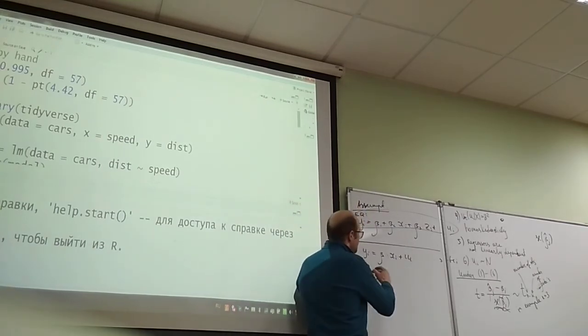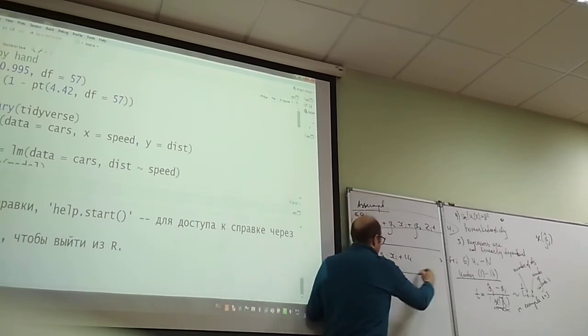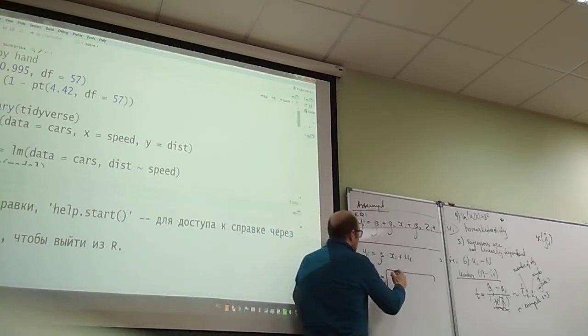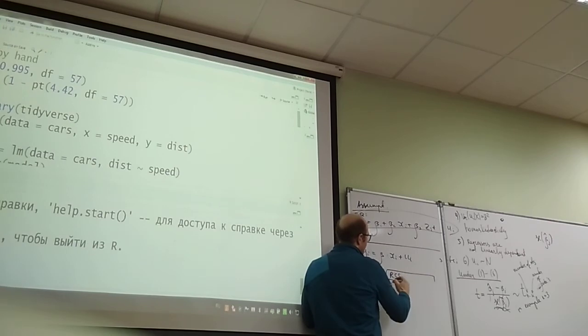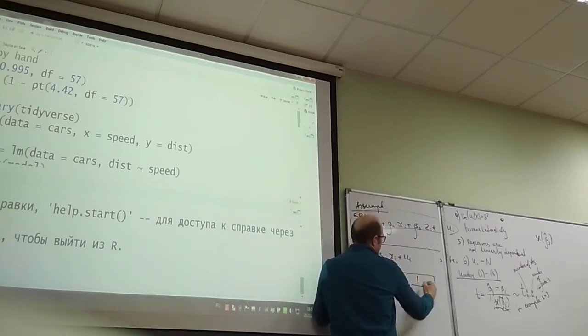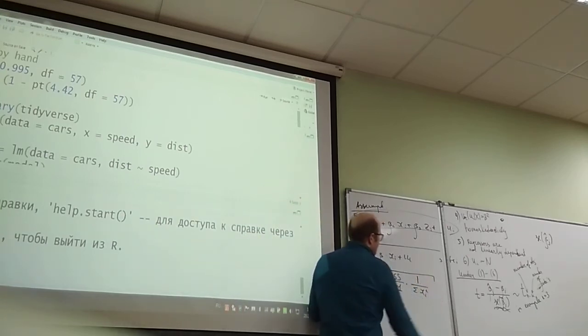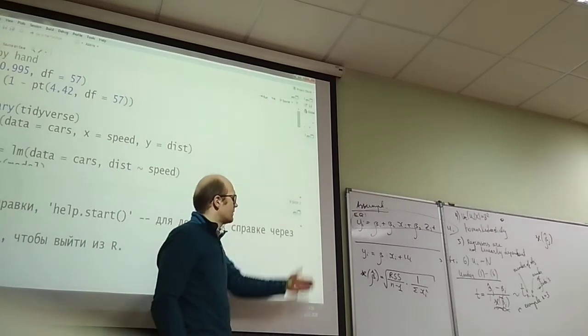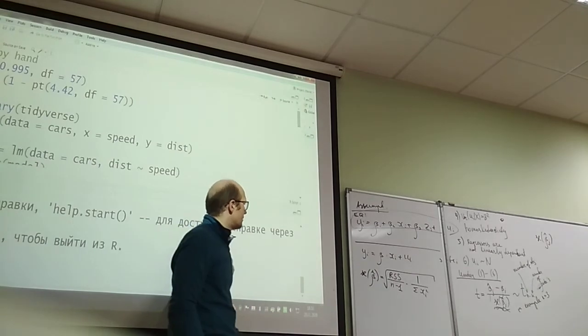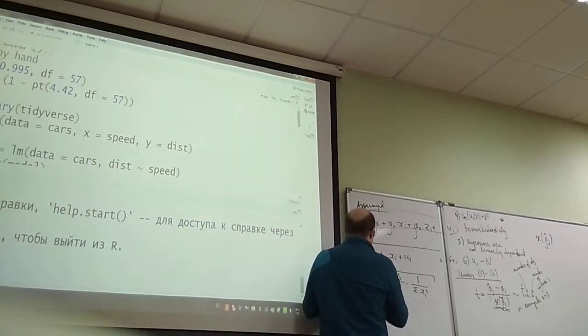In this case, you may calculate the standard error of beta hat as a square root of RSS divided by n minus 1 times 1 over the sum of x squared. We have, I think, even proved this formula, but today I will just use it like this.